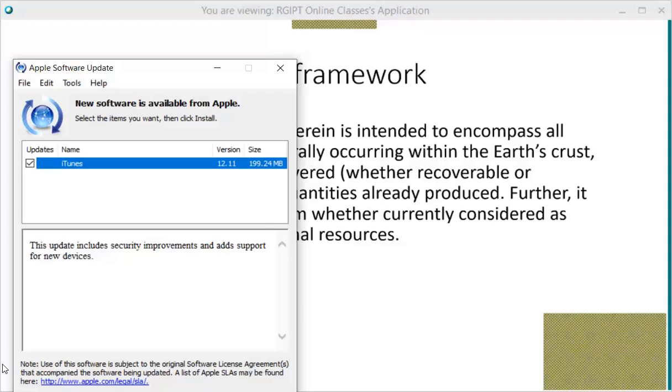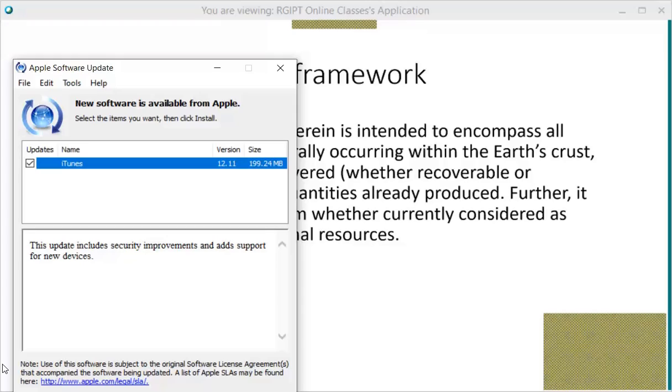Now, as you heard me saying, resource all the time. So here is your PRMS classification framework. The term resources, as used herein, is intended to encompass all quantities of petroleum naturally occurring within the Earth's crust, both discovered and undiscovered.